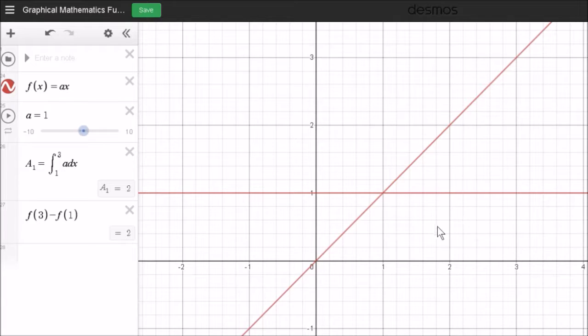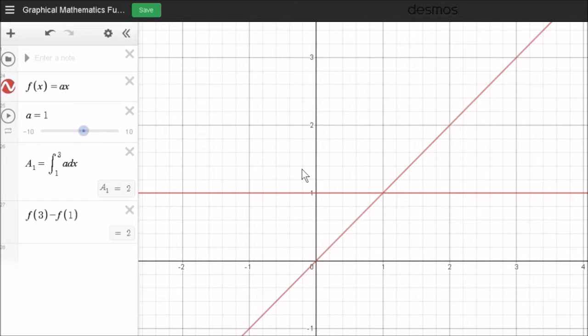But now we'll look at the value of this original function at point 3. Well, the value of that original function at point 3 is 3. And the value of the original function at point 1 is 1. So 3 minus 1, which is this height here, is 2.